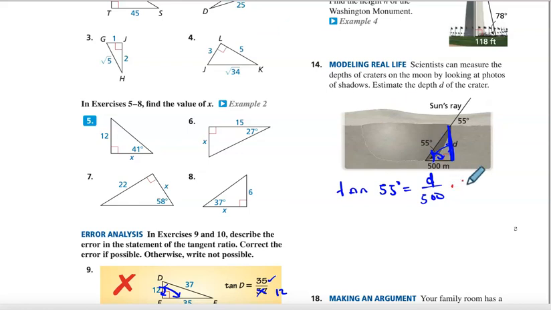So to clear my fraction here, multiply both sides by 500. So D is equal to 500 times the tan of 55, which is approximately equal to 714.1 if you're rounding to the tenths place.